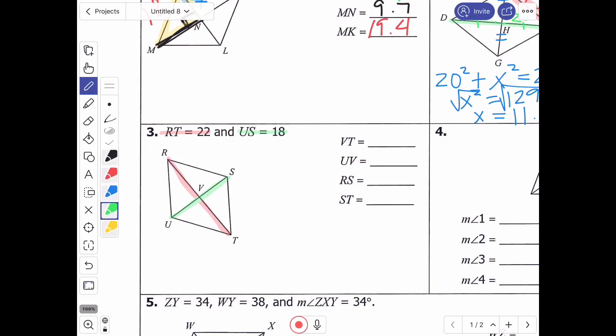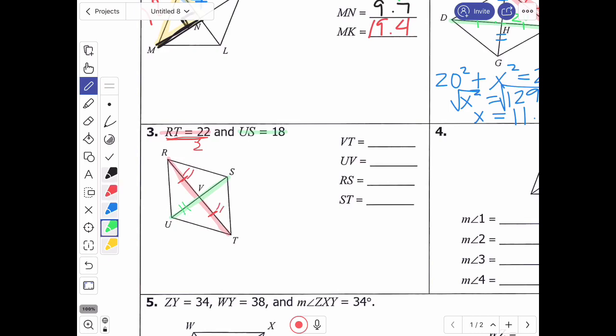So now we're only told something about the diagonals, which is fine. But already looking ahead, if I want to figure out what RV and VT are, I'm going to take RT and divide by 2. So that means RV is 11 and VT is also 11.